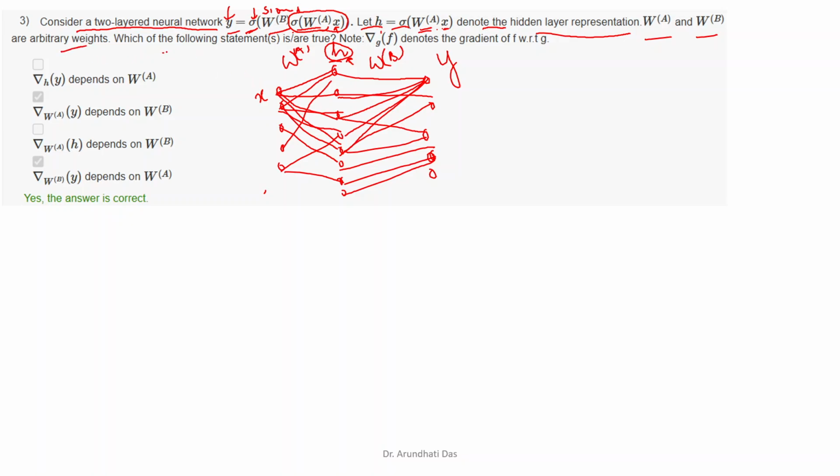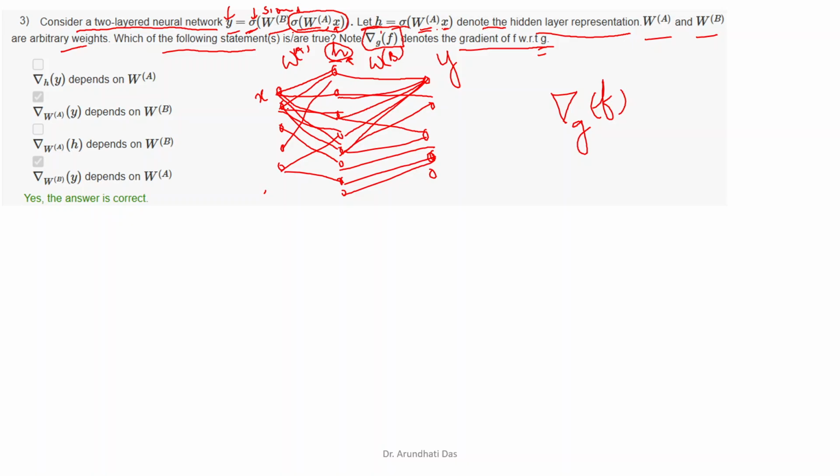Now which of the following statements is true and false, it is asking. Then another notation is given, that is nothing but the gradient. The meaning is that we are finding the gradient of some function f with respect to this variable c. So this is the gradient of f with respect to c.